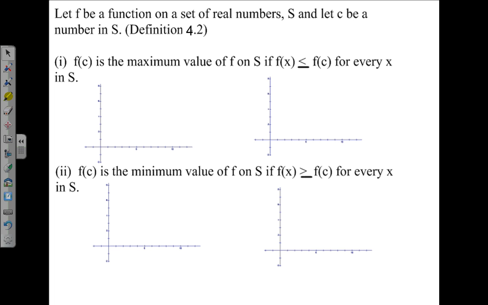Definition 4.2: f has a maximum at c if f of x is less than or equal to f of c for every x in S. Yeah, how do you draw it?